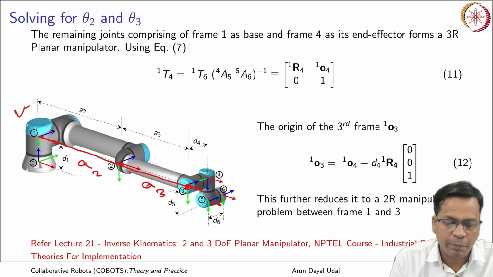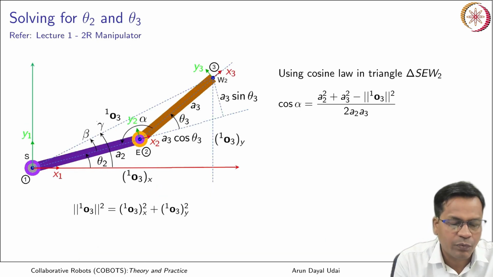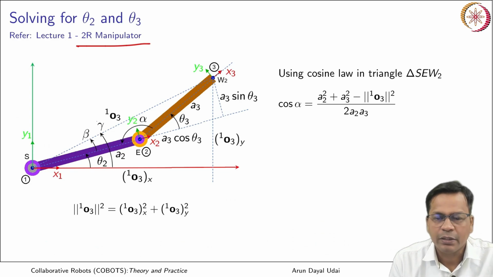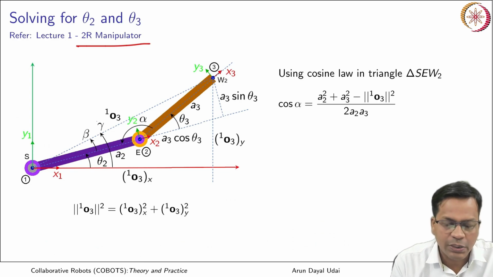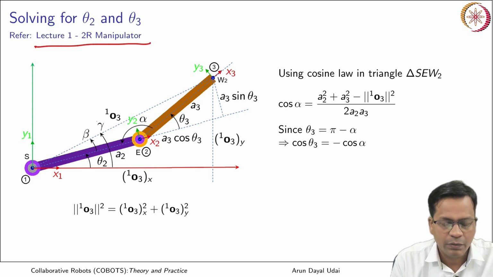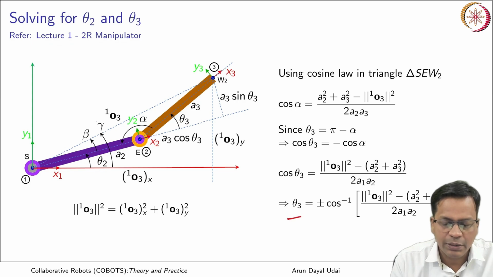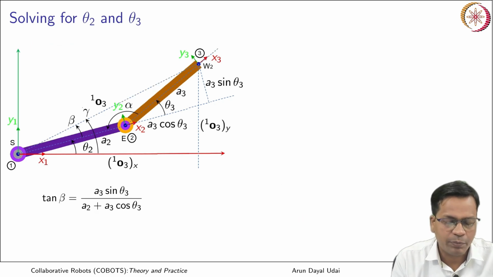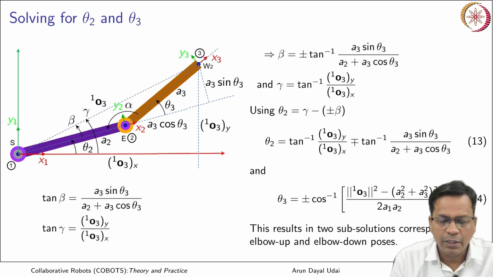So it can be quickly solved the way we did it for the 2R manipulator, using the previous method only. You can refer to lecture 1 for the 2R manipulator, and I have obtained theta 3, and similarly I have obtained theta 2. 2 and 3 are obtained using the 2R subset of this manipulator.